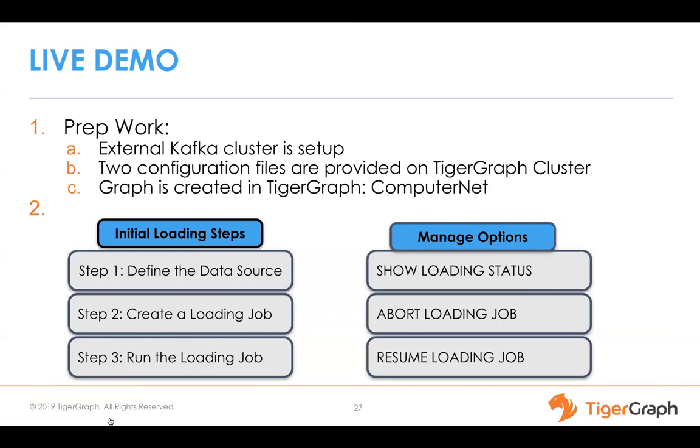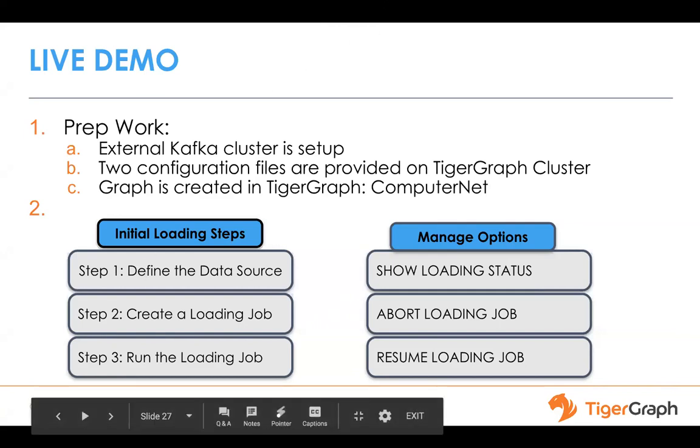So if you want to see it with a larger data set, you can come to our next Bitcoin blockchain webinar. What I'm going to do is I will show you the initial loading steps, the define, the create, and the run the loading job. And then I will also manage this loading job, showing a few of the commands, show, abort, and then resume.